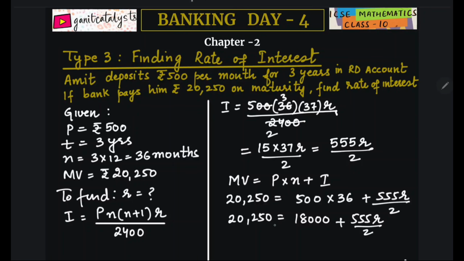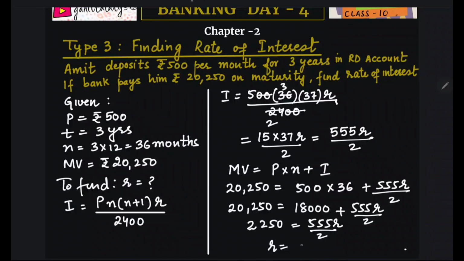When you subtract, 20,250 minus 18,000 is 2,250, which is equal to 555 R upon 2. So R is equal to 2250 into 2 upon 555, which is 300 upon 37, approximately 8.1%.